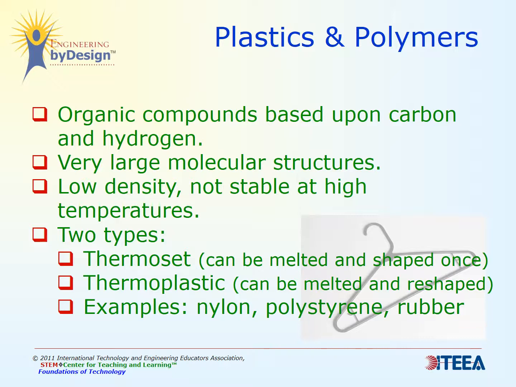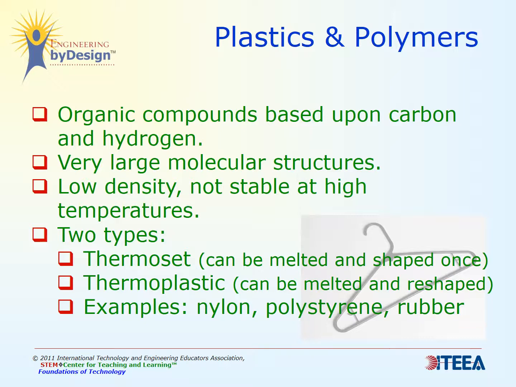Two types of plastics and polymers. You have thermoset. Thermoset plastics and polymers can be melted and shaped once. Thermoplastic can be melted and reshaped.